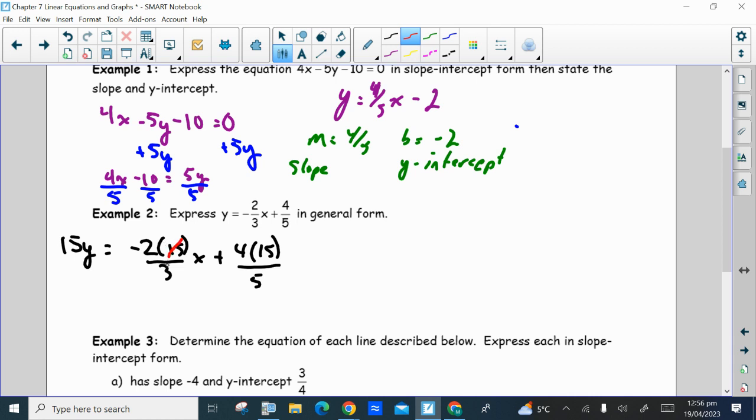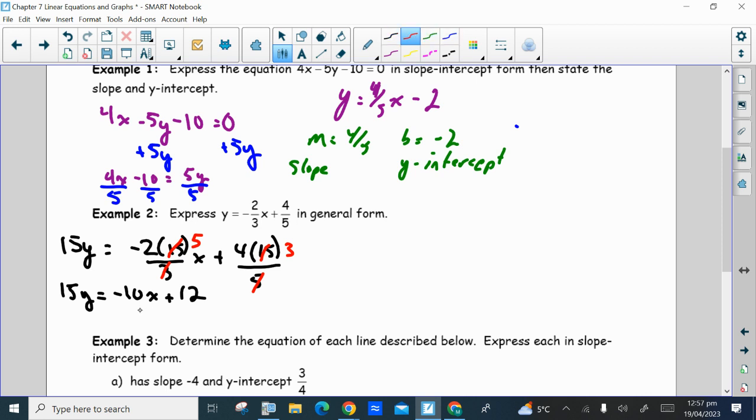15 divided by 3 is 5. We've gotten rid of that denominator. 15 divided by 5 is 3. We've gotten rid of that denominator. If you multiply out what's left, we'll have 15y equals negative 2 times 5 is negative 10x plus 4 times 3 is 12. But we're not done because general form has to have everything on one side equals 0 on the other, and the x term must be positive.